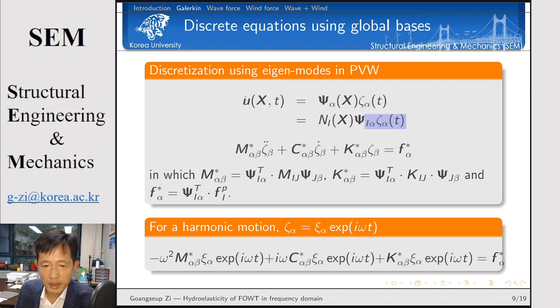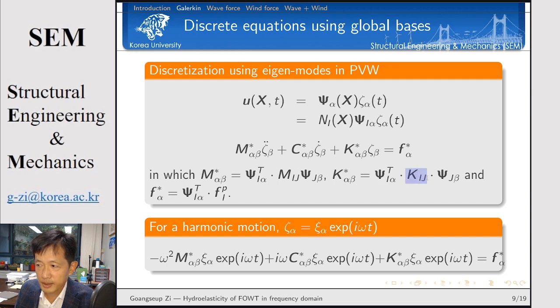So if you plug this displacement into the previous principle of virtual work, we can obtain the modal mass matrix, the modal stiffness matrix, and the modal displacement. Here the asterisk in the superscript means the modal one. The relation between the mass and the modal mass is given by this equation, and the stiffness too.